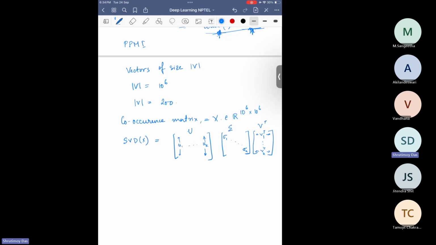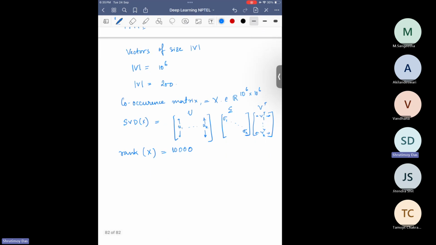But if we want a lower dimensional representation, suppose the rank of X, my co-occurrence matrix, is very large, say 10,000, and I want some approximation X tilde whose rank is, say, 100.